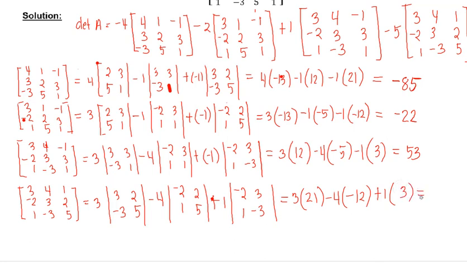So our value here is 21 times 3 minus 4 times negative 12 plus 1 times 3, which is equal to 114.